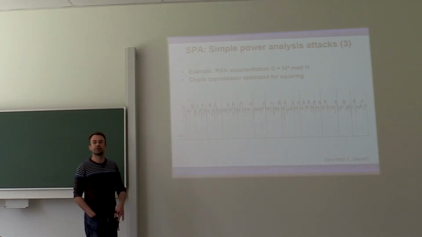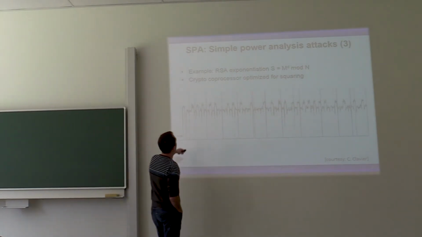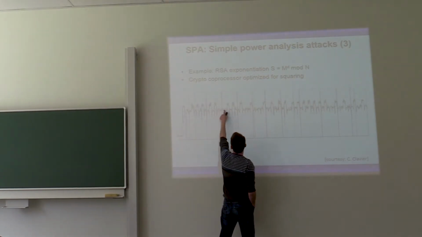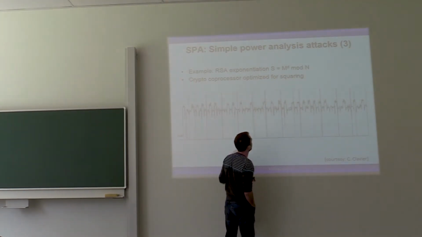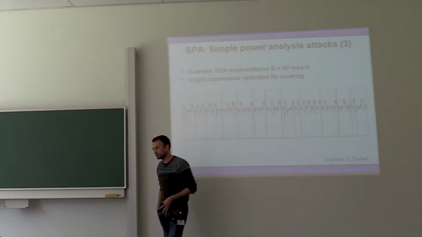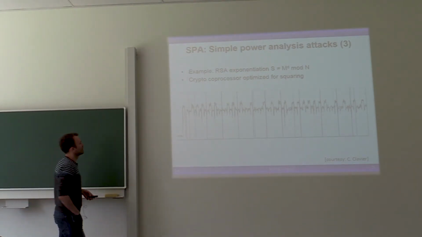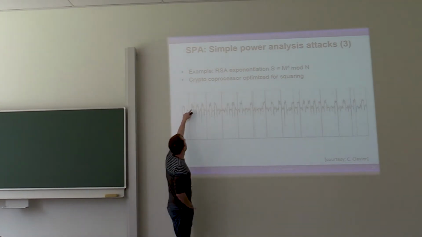Said differently, the multiplication operation is the one that consumes more power. So we can look here and we see that there are parts that have this level of power consumption, and there are parts that have this level of power consumption. And from what I just told you, that little extra information about the processor tells you immediately that every time I see this, that's a multiplication.